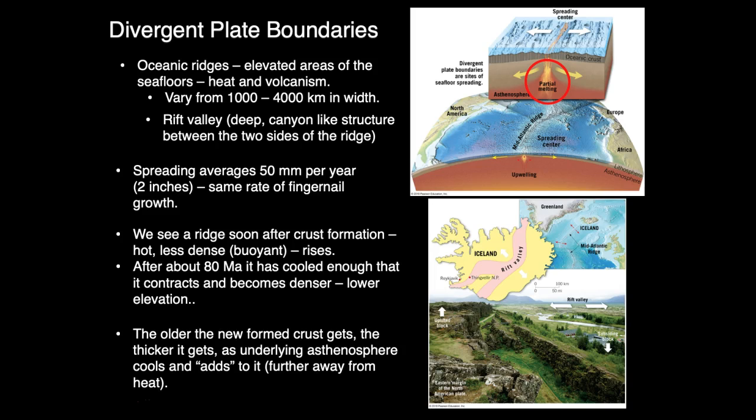So I know that these rates seem kind of slow on a human timescale. In truth, 150 millimeters is not very much per year. But it is indeed fast enough to have created all of the oceanic crust in the last 200 million years or so.